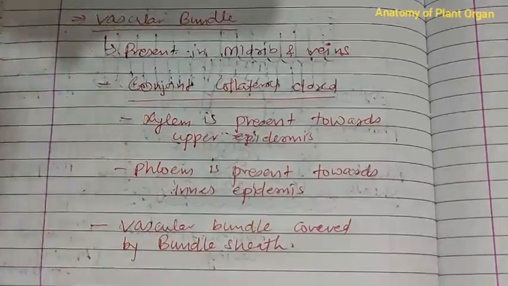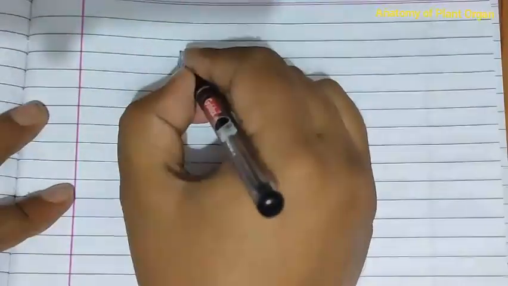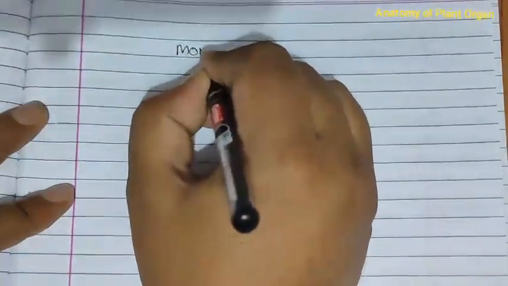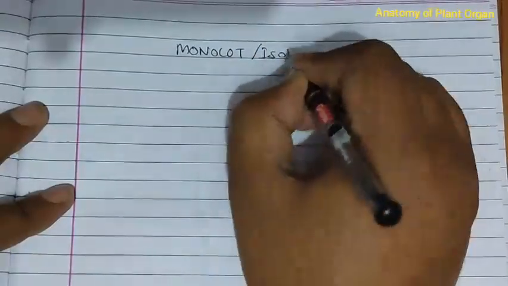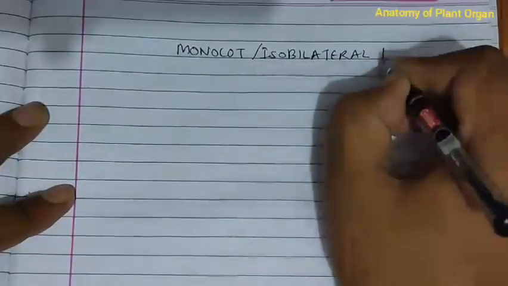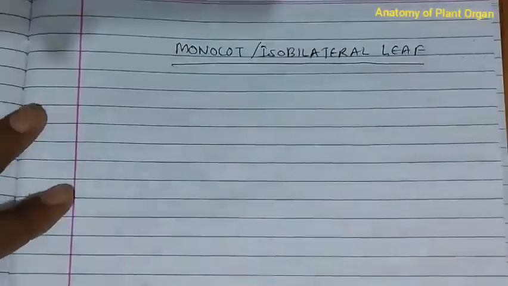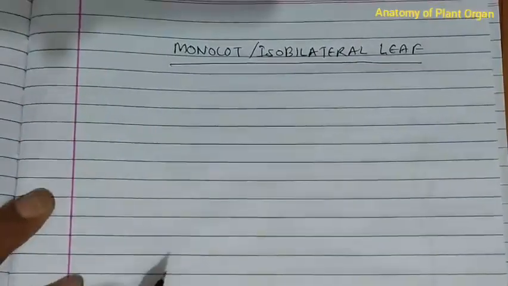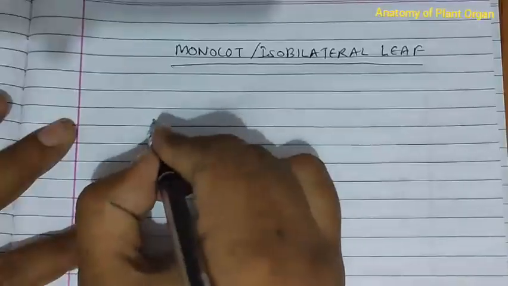Now we talk about a monocot leaf or isobilateral leaf. Next we talk about anatomy of monocot or isobilateral leaf. Now when we take a cross section of this, we find a diagram somewhat like this.